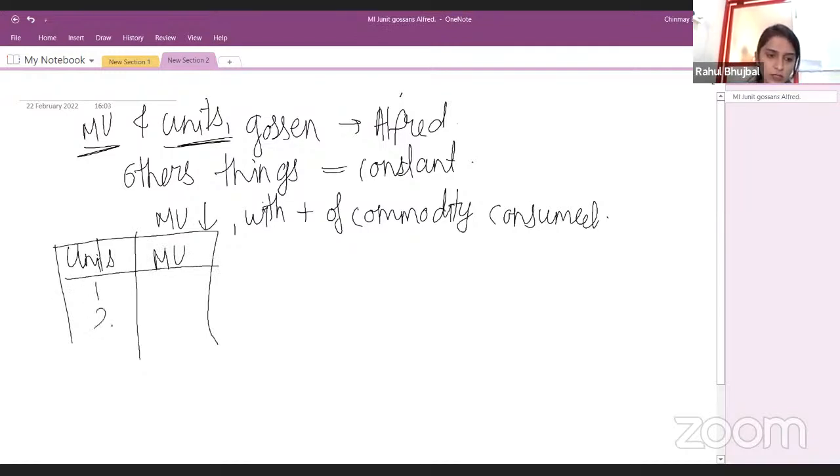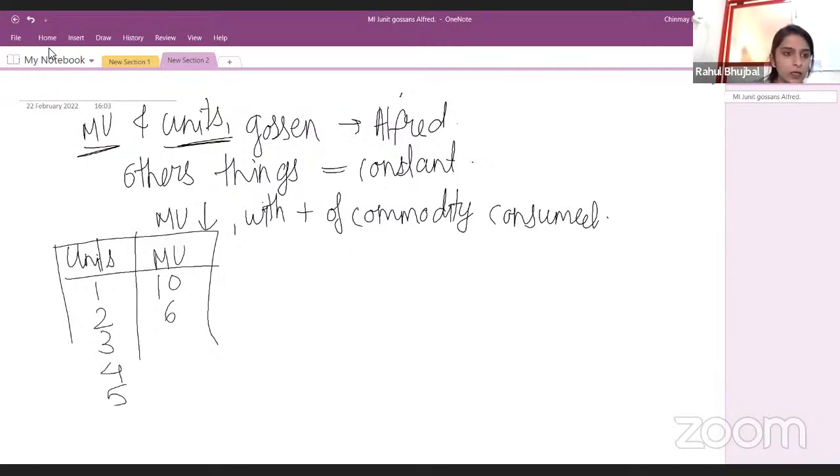We can take 5 units. You tell me what should be the utility. We have to reduce it. Okay, so 10, then 6.